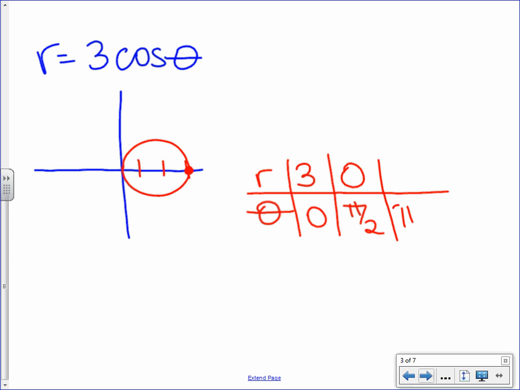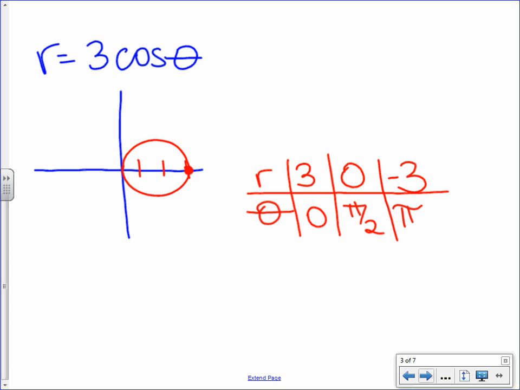And at pi? What? Careful. What's the cosine of pi? -1. So here at pi, we're at -3. Okay, so there forms our circle.